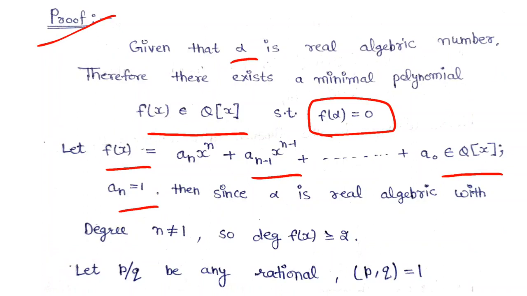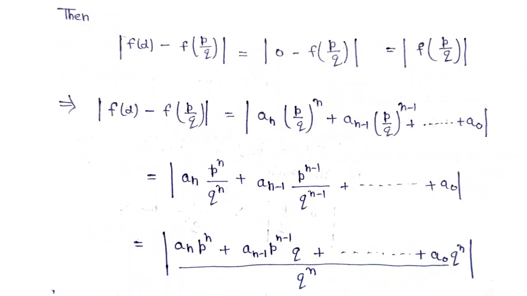Then since alpha is a real algebraic number with degree n not equal to 1, the degree of f of x is greater than or equal to 2. Let p by q be any rational, with p and q co-prime numbers.